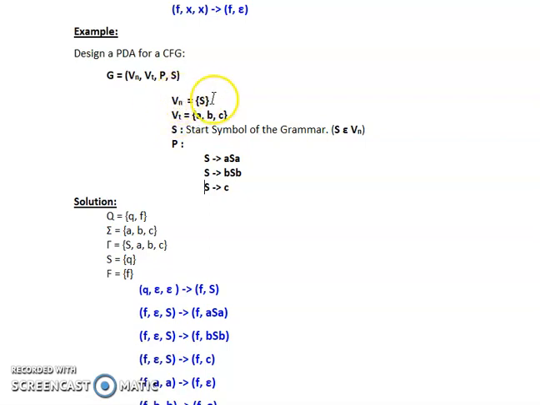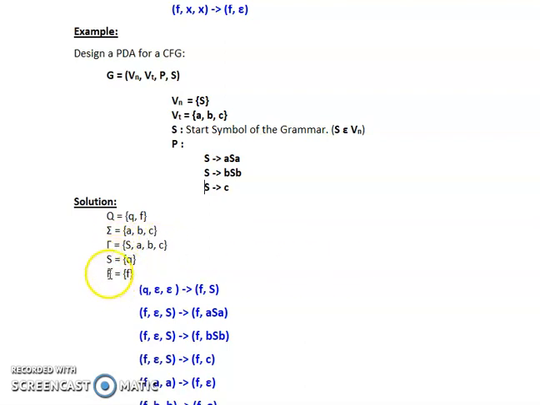The element of Vn is S and the elements of Vt are a, b, c. So the union of Vn and Vt gives you S, a, b, c. So your gamma, that is your stack symbols, are S, a, b, c.